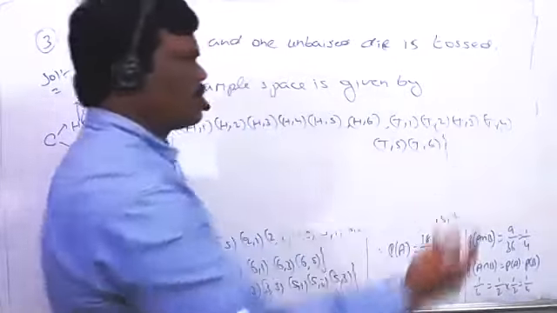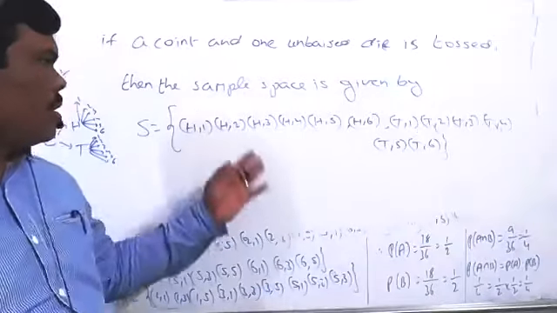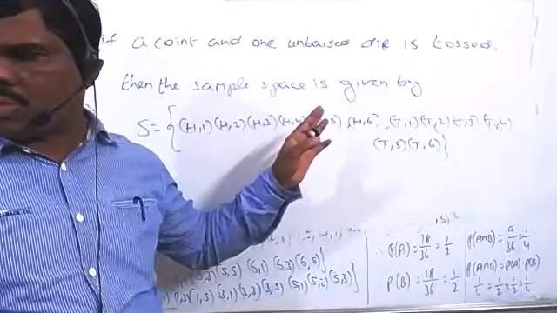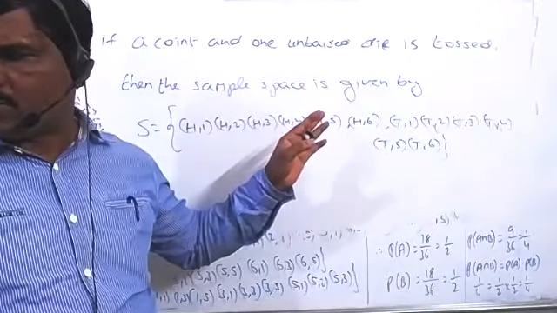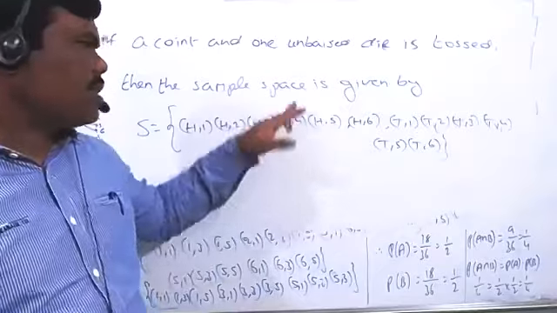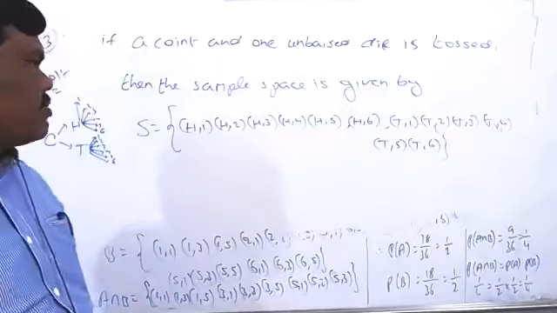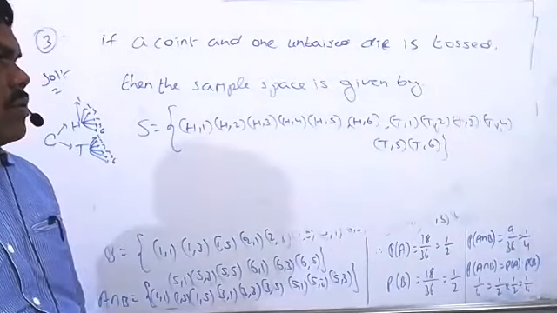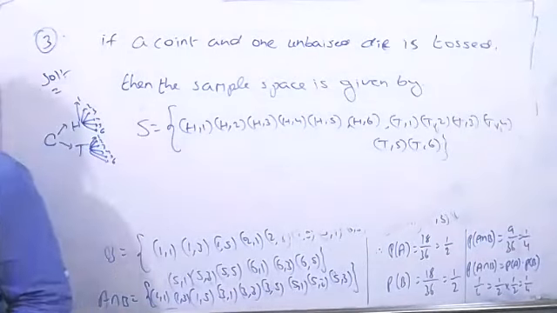So this is the sample space because it is one coin and one die is thrown. These are the possibilities here now: H1, H2, H3, H4, H5, H6, T1, T2, T3, T4, T5 and T6.